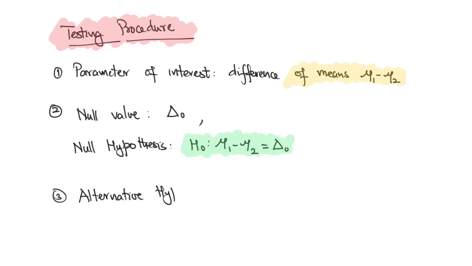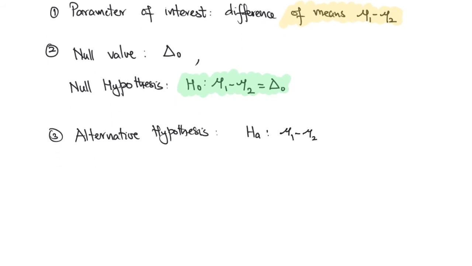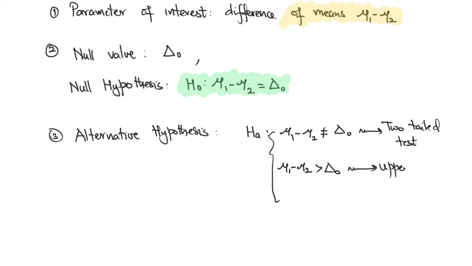There are three alternative hypotheses in this case, that is mu1 minus mu2 not equal to delta 0. This is going to be the two-tailed test. Mu1 minus mu2 greater than delta 0. This is the upper tail test. And mu1 minus mu2 less than delta 0, which is going to be the lower tail test.